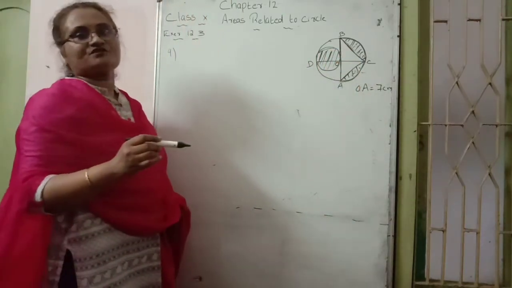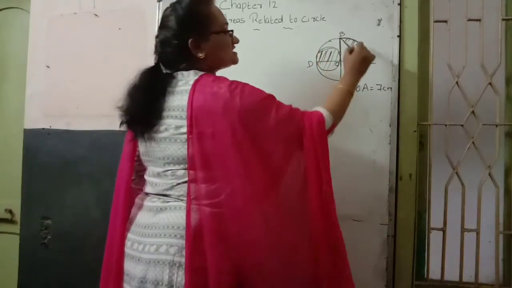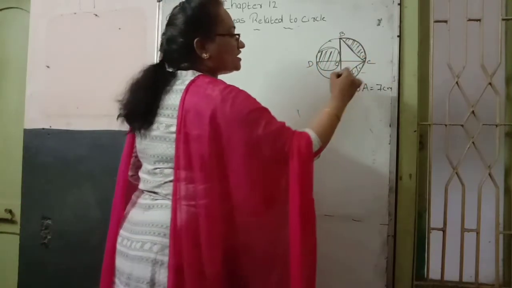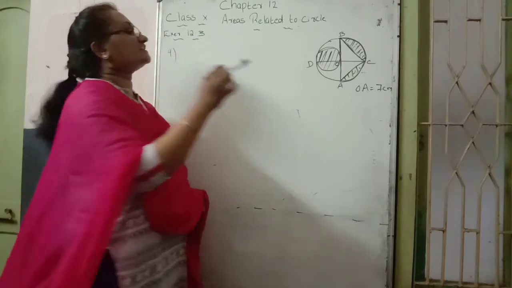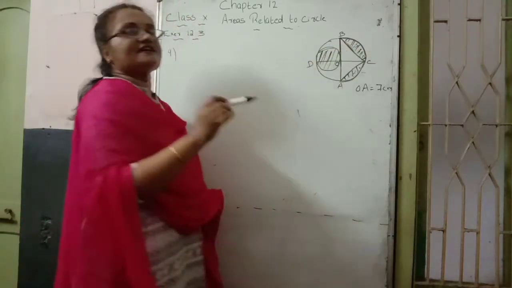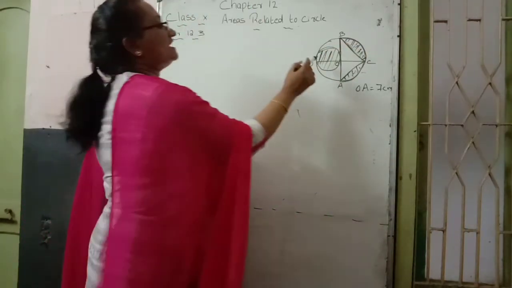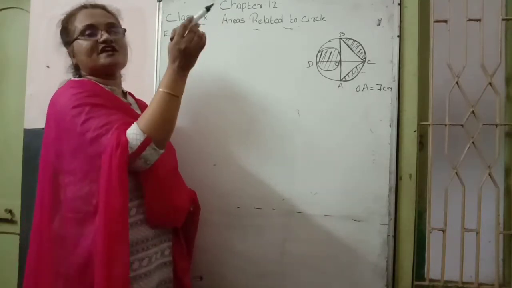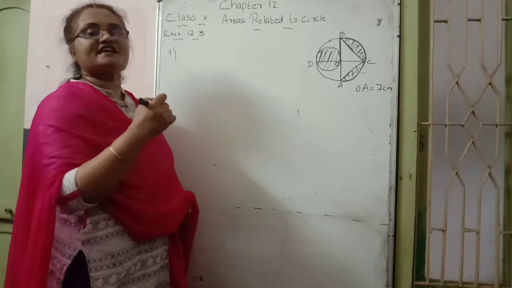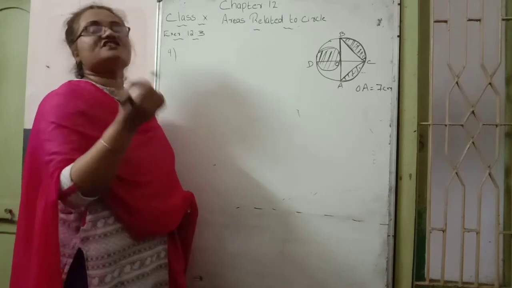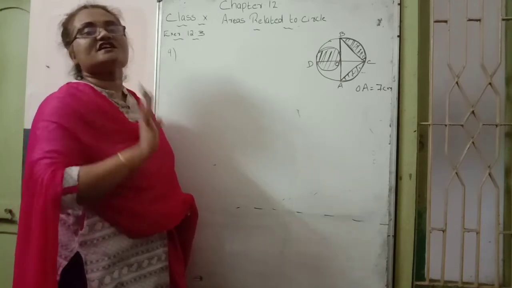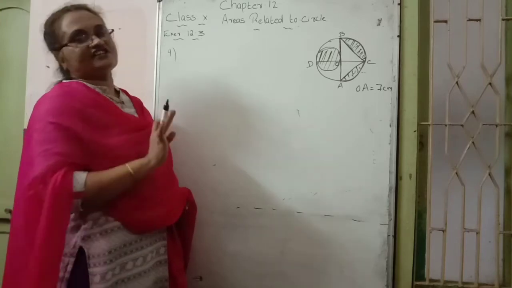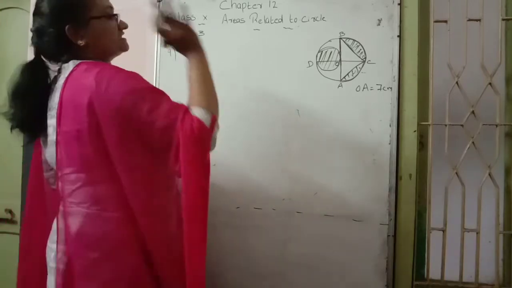So the area of the semicircle is subtracted by the area of the triangle, and we get the shaded part's area. Then adding that value and the circle's area, we get the total area of the shaded portion. I hope you can understand this.